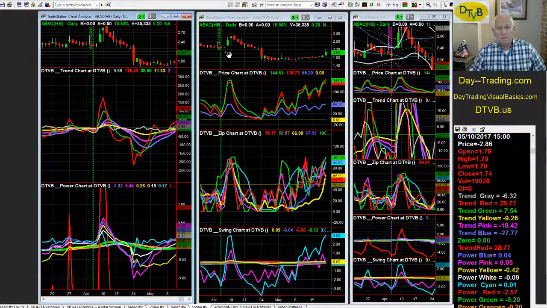When that happens, because you had all that information there, you just had a battle between the bears and the bulls that held it in position. The next day is when the big move is going to go up, and it's usually, as long as everything looks strong, stay in that move for the next day going up, because this one gapped up a little bit and then went up a strong amount, relatively speaking, because of the $2 price on the stock.